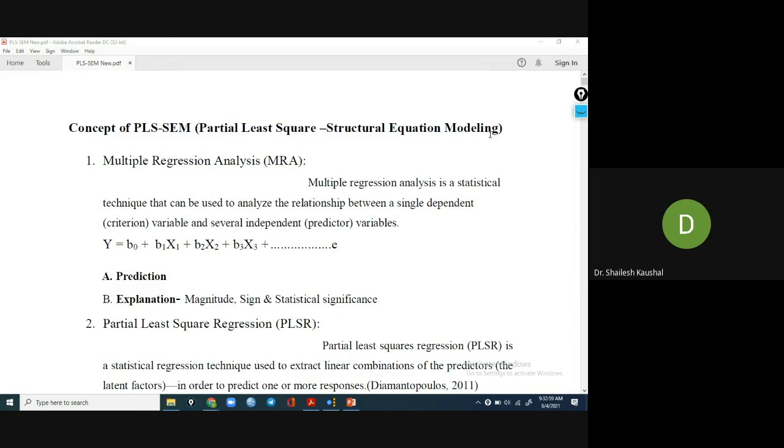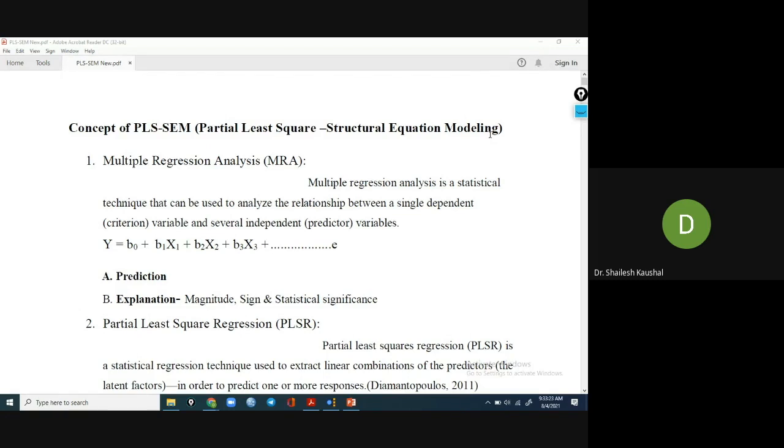So in PLS SEM, we can perform formative measurement model. Although in social science research, generally in management, commerce, economics, and other disciplines, we use CBSEM or reflective measurement model.